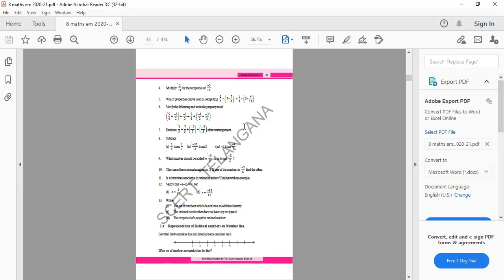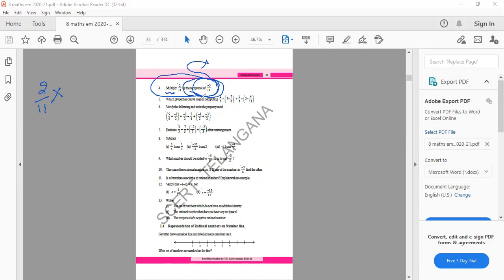Yeah, you can. Now the fourth question is, can you read the question please? Multiply 2 by 11 by the reciprocal of minus 5 by 14. Question is clear. What is the reciprocal of minus 5 by 14?